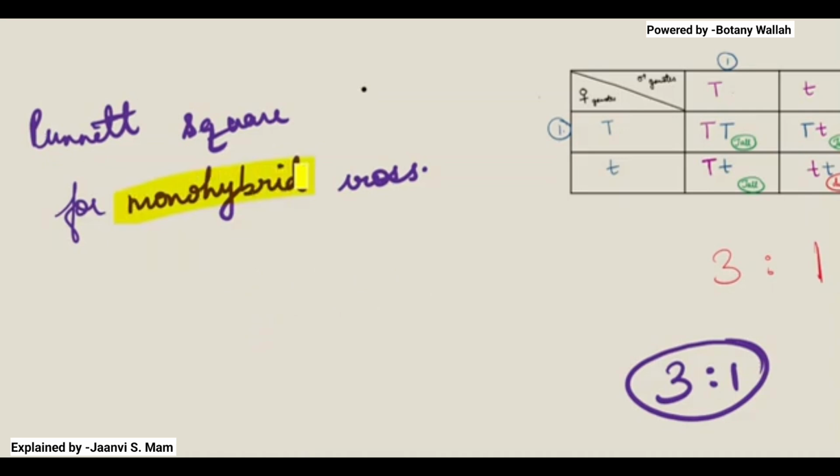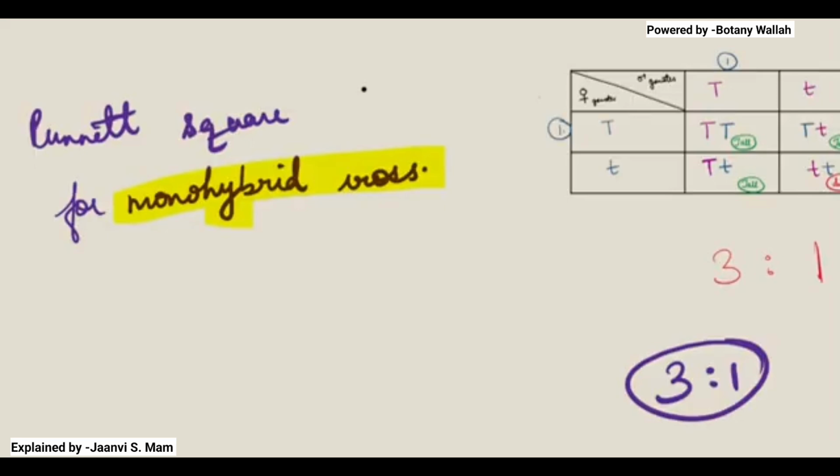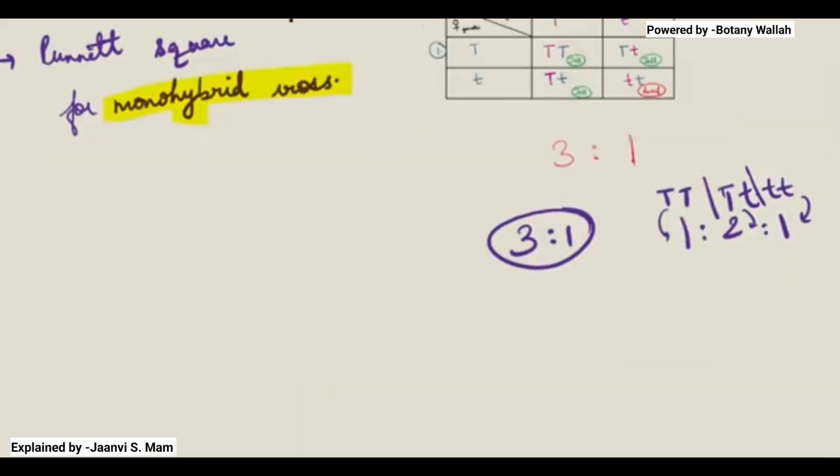So for today's class we will stop here, but in the next class we will study about the back cross and the test cross.